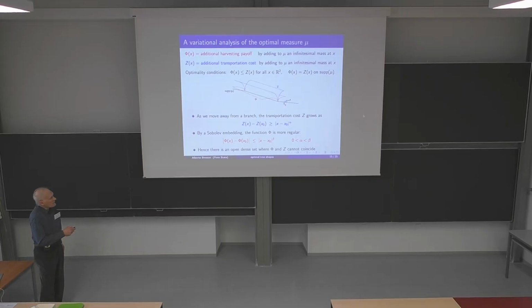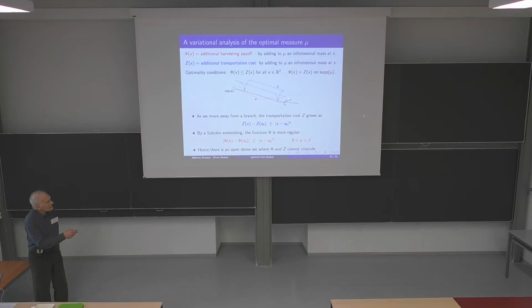And then when you solve the elliptic equation, it turns out by a Sobolev embedding, this function phi is much more regular. So phi of x minus phi of x naught is bounded by |x minus x naught| to some power beta, which is bigger than alpha. So the conclusion is that z grows fast, but phi does not grow that fast.